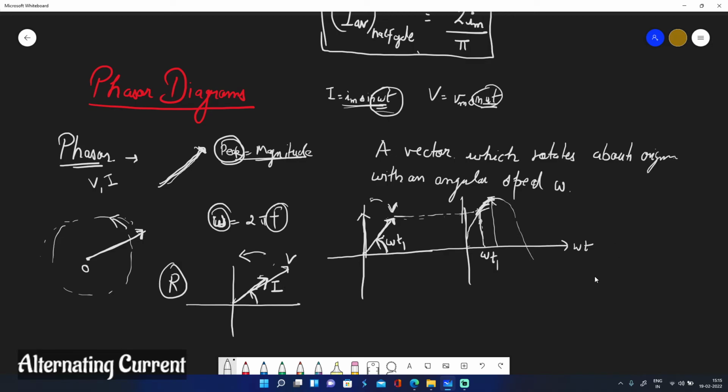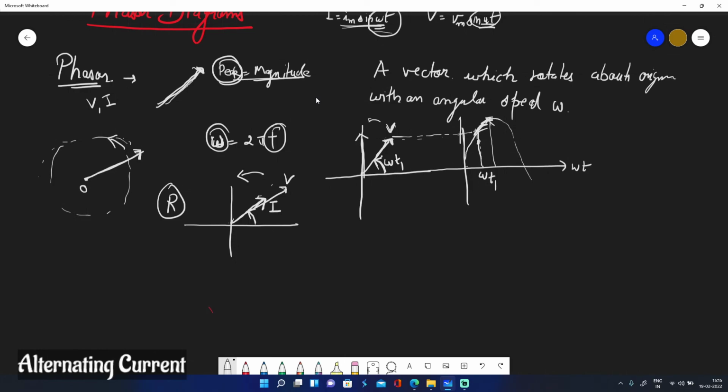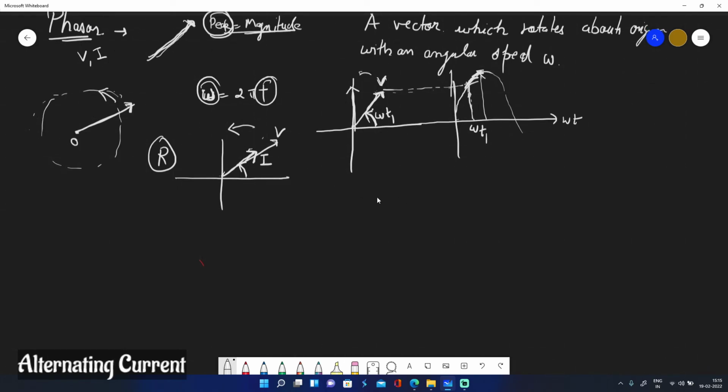If there was a phase difference, suppose some phase difference was observed, then V might be here and I might be here. They might have some phase difference, and they may be rotating, maintaining this phase difference, with a speed of omega. This is the significance of the phasor, that it represents phase difference very nicely.